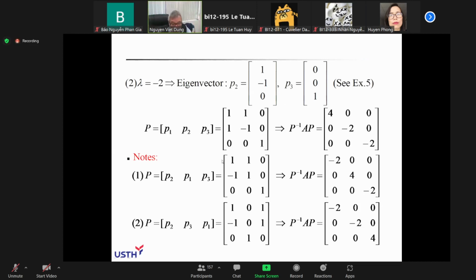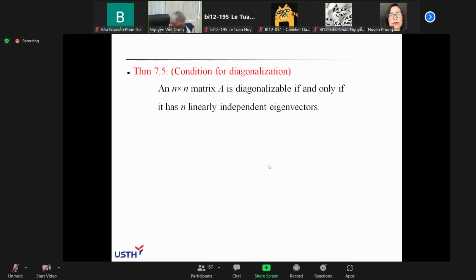So that is what I say as a remark here for you. Usually, in order to see if a matrix A is diagonalizable or not, it requires you to do a lot of calculation.